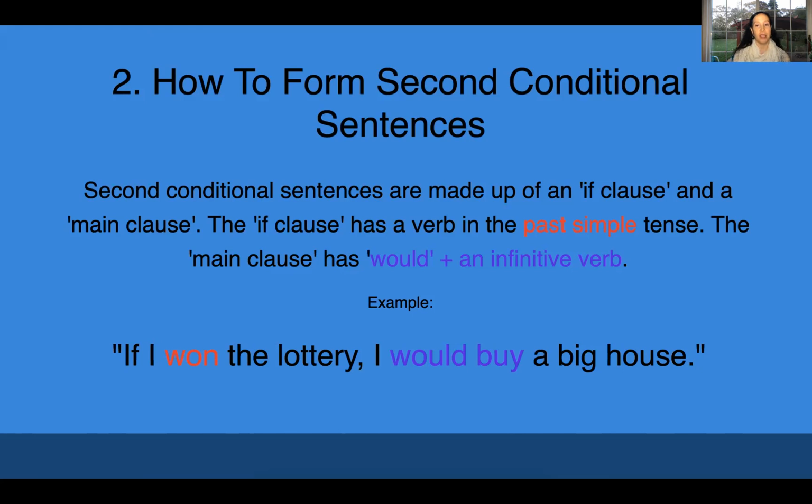This is buy. Infinitive verb, buy. I would buy a big house. Now remember, this is unlikely because it's unlikely you would win the lotto, or it would be unlikely that you would buy a big house because you won the lotto. You starting to get it now?